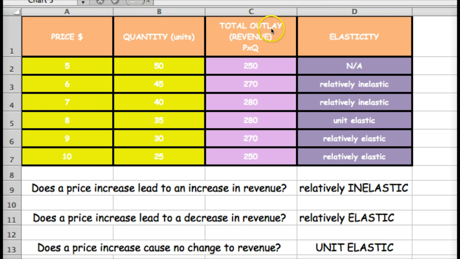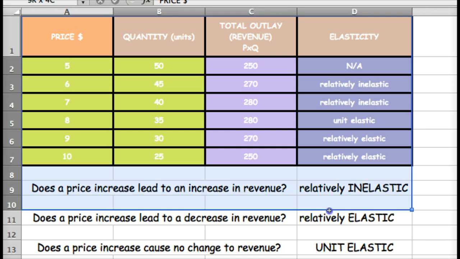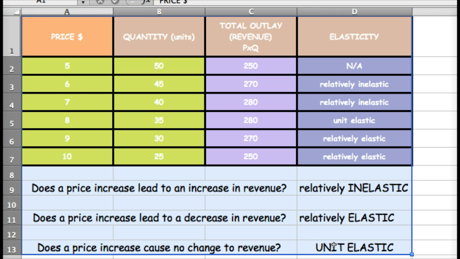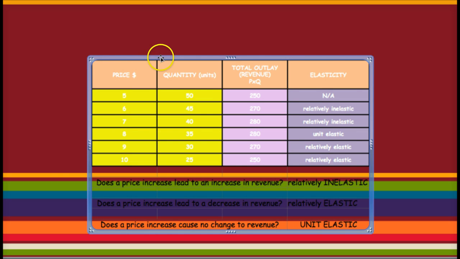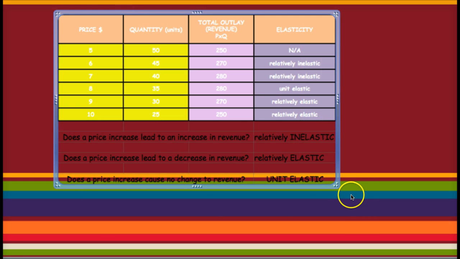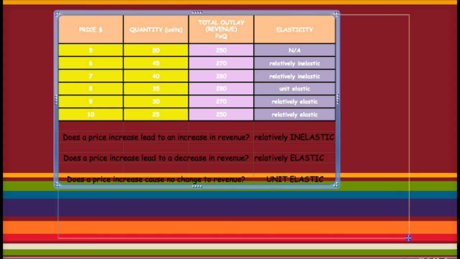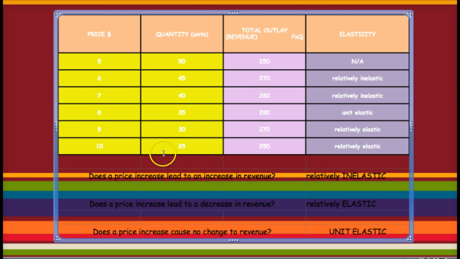So the total outlay or revenue method for determining the elasticity of demand can only be used for individual price increases, not to really comment on the overall elasticity of the demand for a product. It's just going to be with reference to individual price increases.